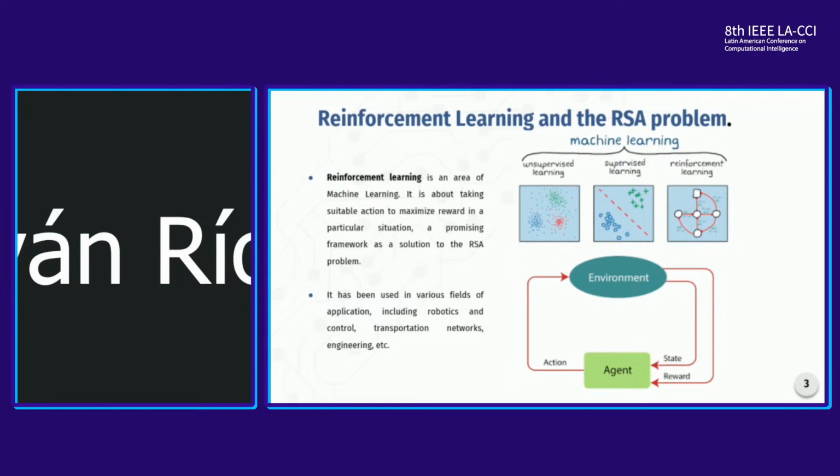Reinforcement learning is a type of machine learning technique that enables an agent to learn in an interactive environment by trial and error using feedback from its own actions and experiences. We have three types of machine learning: supervised, unsupervised, and reinforcement.